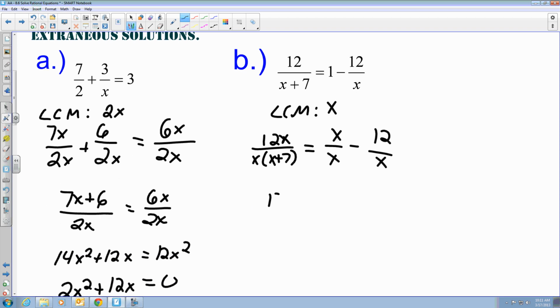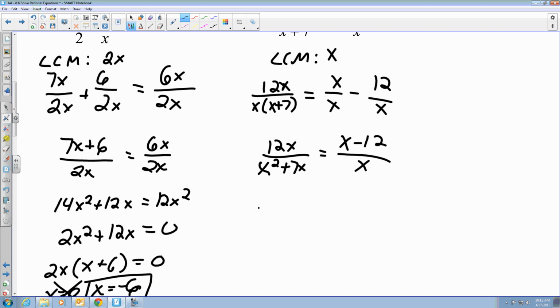So now I have 12x over x squared plus 7x equals x minus 12 all divided by x.